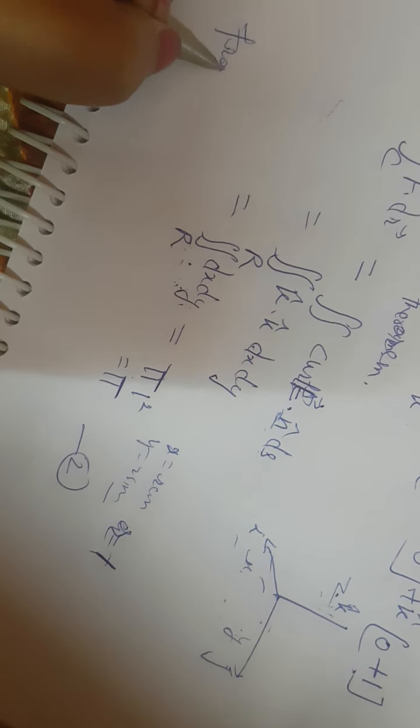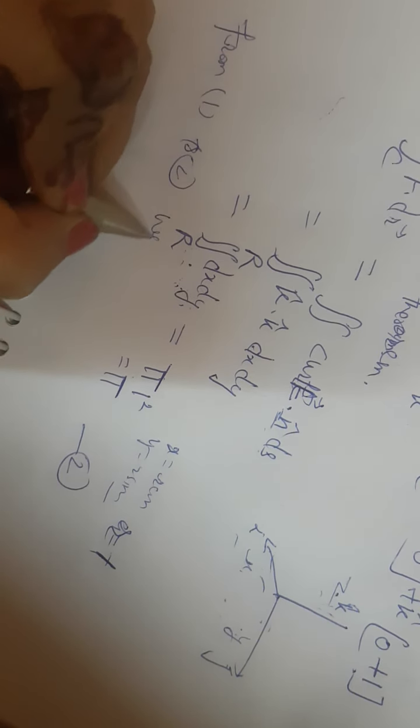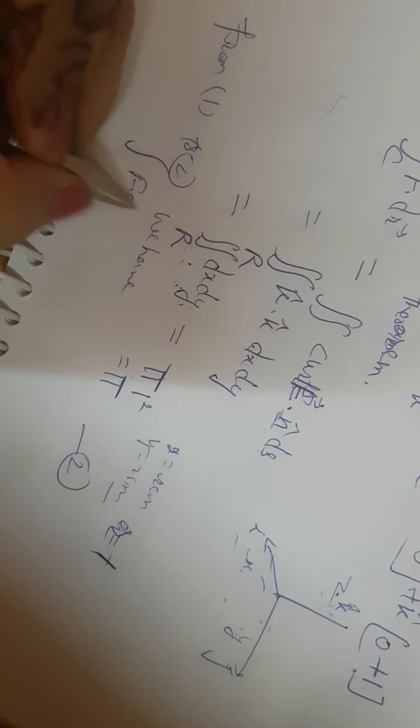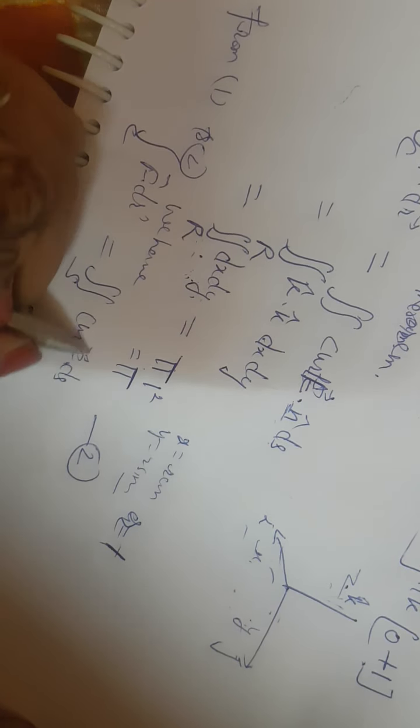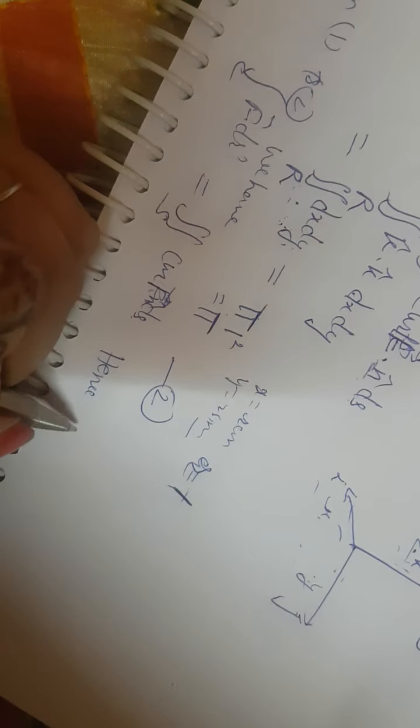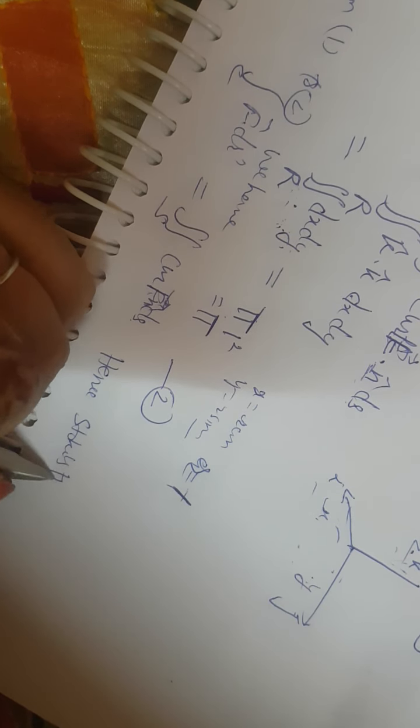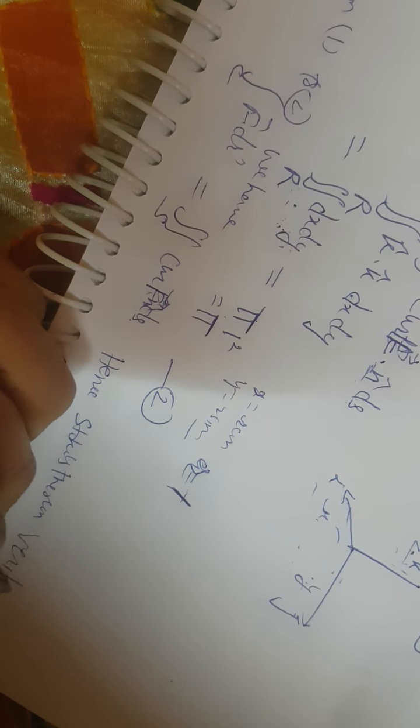Let this be 1 and let this be 2. From 1 and 2 we have f dot dr equal to the surface integral of curl of f dot ds. Hence Stokes theorem verified. So this is the verification of Stokes theorem.